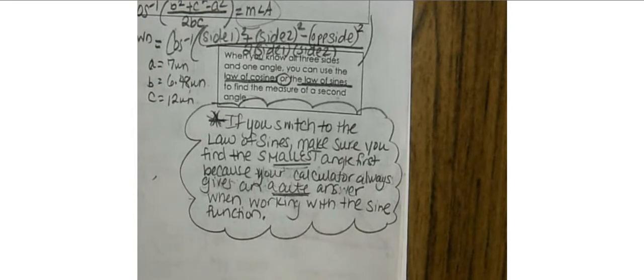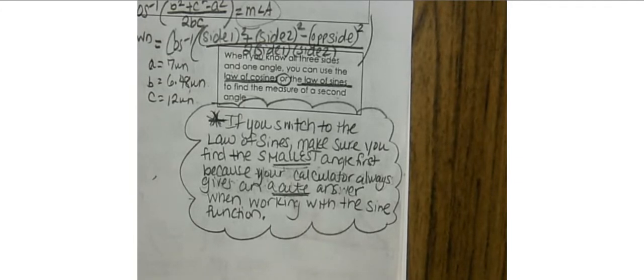So if you're going to find an angle, you want to make sure you find your smallest angle, because if you find your largest angle, it might end up being obtuse, and we won't be able to tell based on our calculator's answer. So that's something to keep in mind.